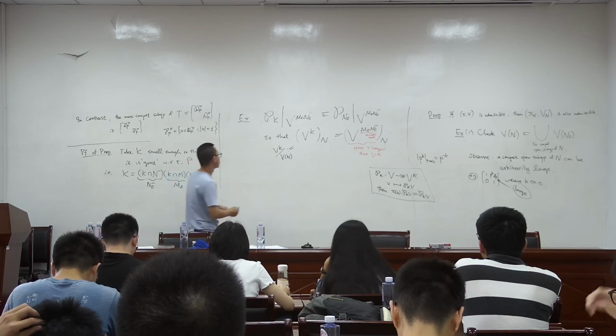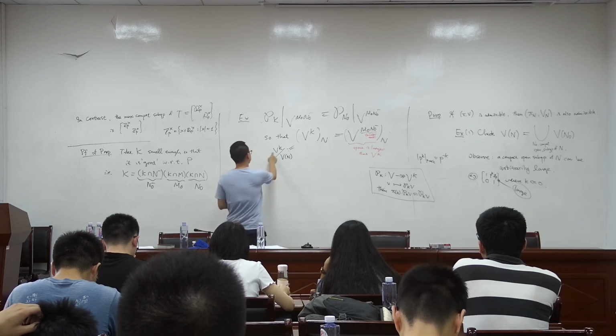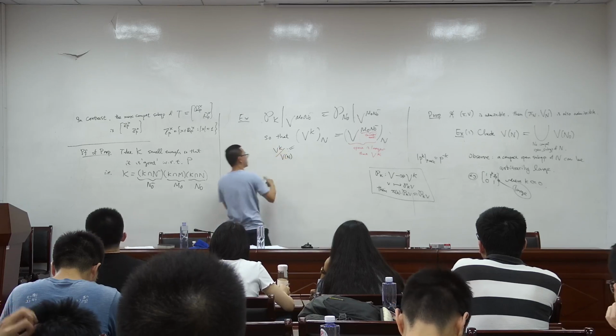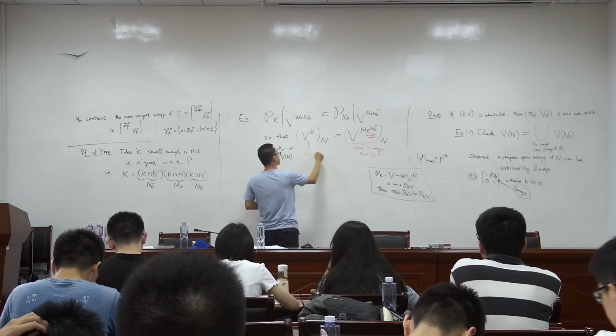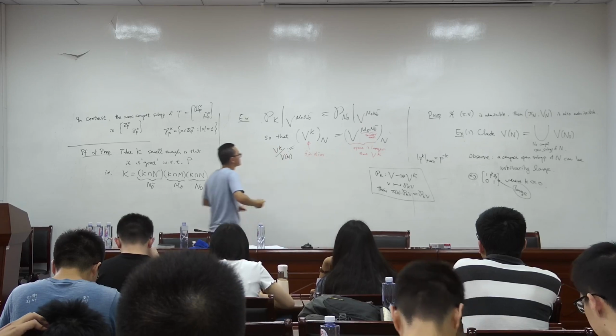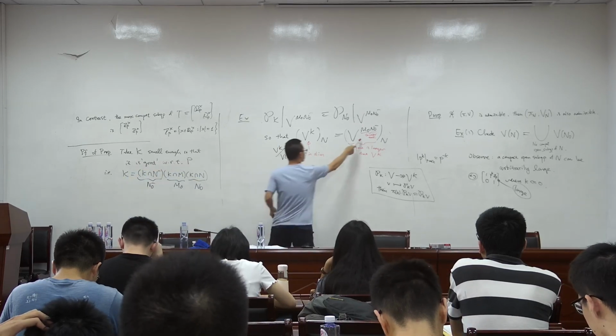Now by admissibility, this is finite dimensional, and this is finite dimensional, so the quotient is also finite dimensional. And of course, so is this.